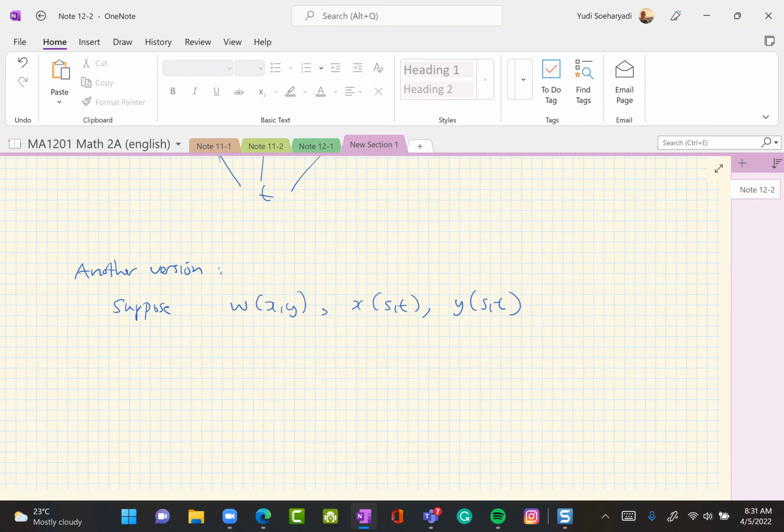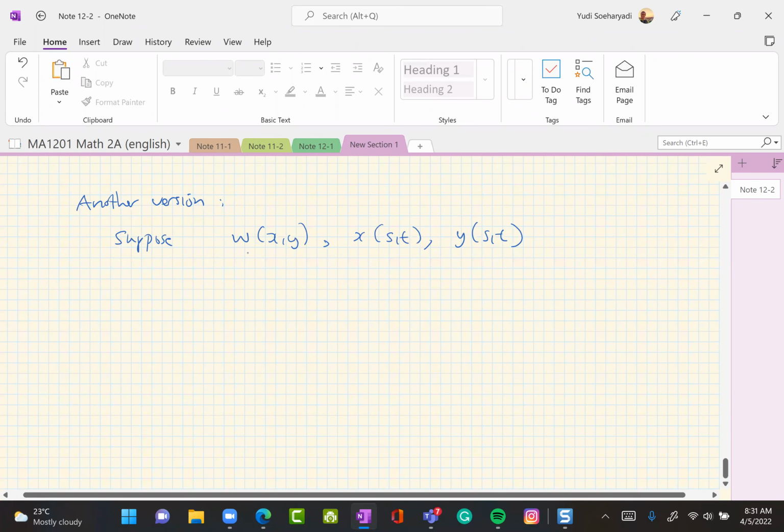So indirectly, W is a function of s and t.